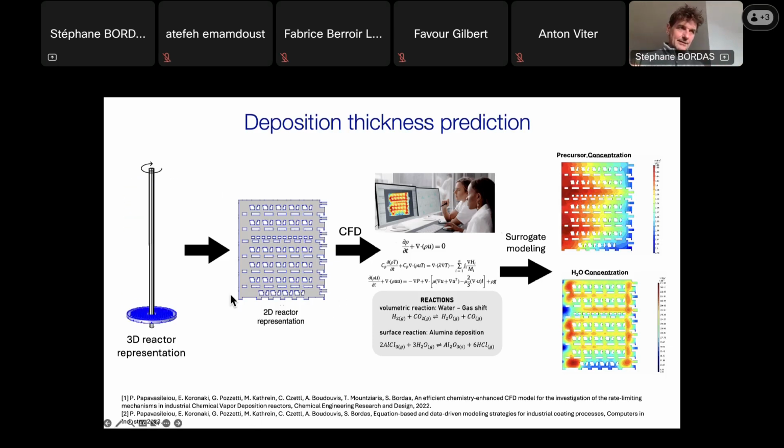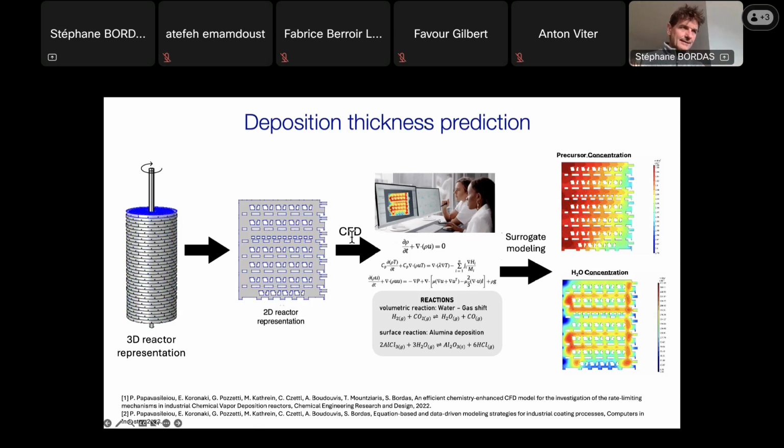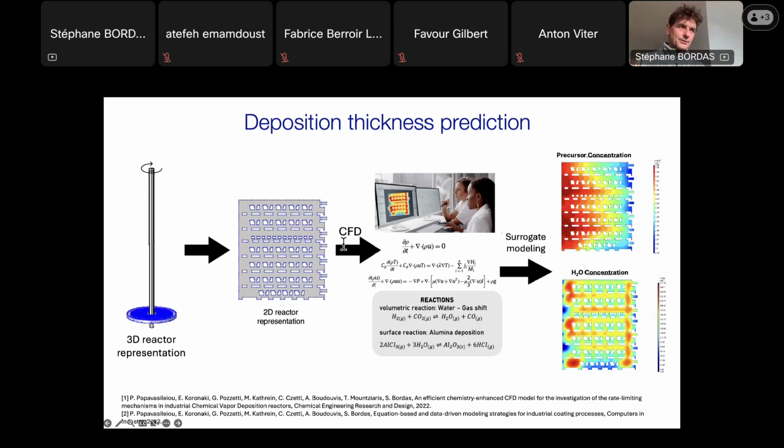So that is here a little bit how the reactor looks like in 2 dimensions to start with. And this is the CFD, meaning computational fluid dynamics. And these here are the equations. So you recognize the equations that we looked at, because that is nothing more than the conservation of mass, because rho is the density.